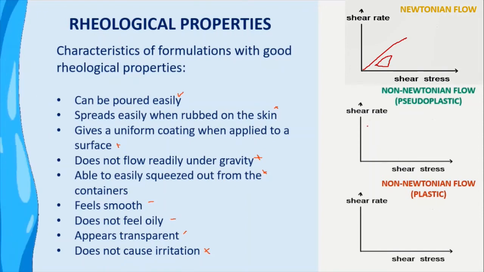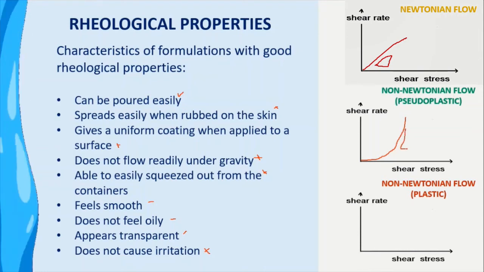Now, let us go to the second one, non-Newtonian flow, pseudoplastic. It is another type of non-Newtonian flow. So the graph is like this. It will start from 0 and it's a curve. So the gradient indicates viscosity. To be more precise, it is about the flowability.